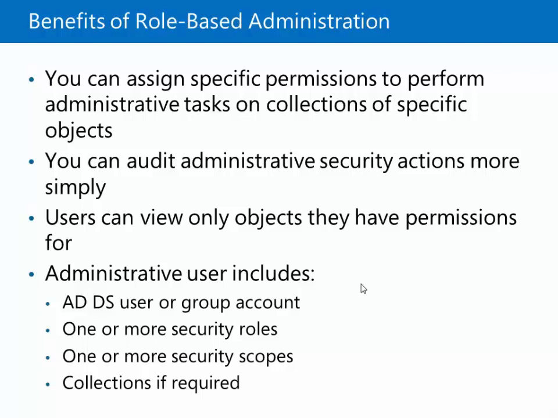Security scope means what all he is able to view in SCCM. Role means permission, what all he can perform, like creating applications, deploying operating systems, deploying updates. These are permissions. Security scope means what all he can view.